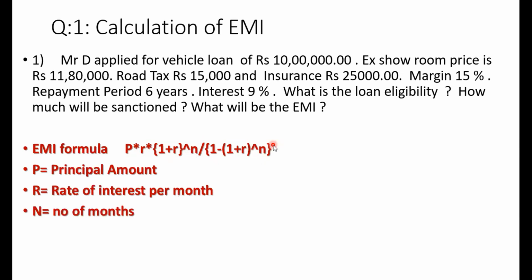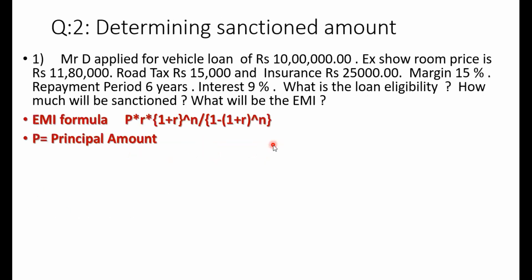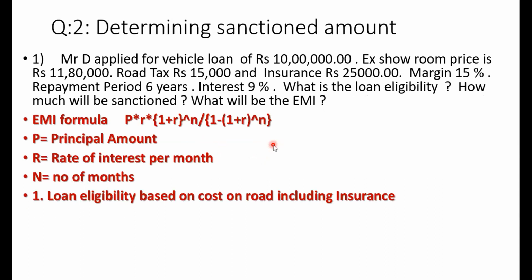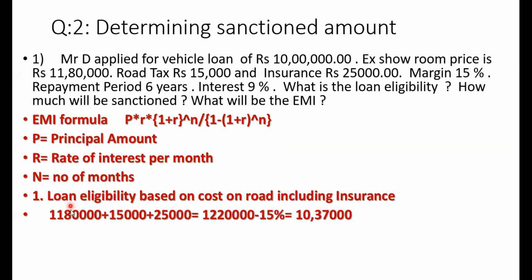First, we will calculate question number 1. What is question number 1? The formula you understood now, we will apply. Question number 1, loan eligibility: how much can the bank sanction if they want a 15% margin? So you add 11.8 lakh plus 15 thousand, plus 25 thousand.